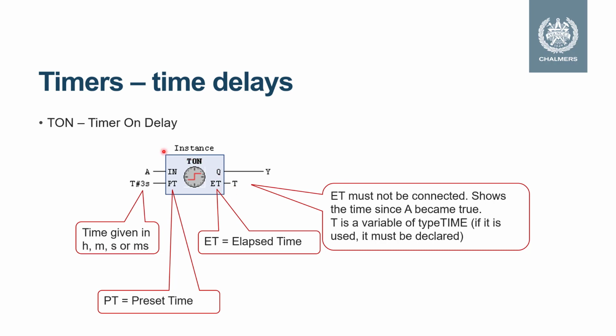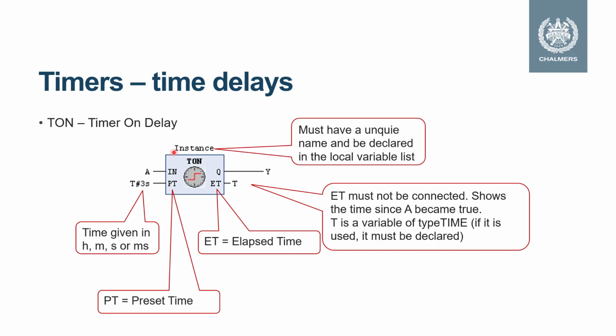As for the other function blocks SR and RS, this needs a name. We need a memory to remember the time elapsed, and therefore we need a name, an instance to allocate memory for this one, which means that the function block has to be declared in the local variable list.